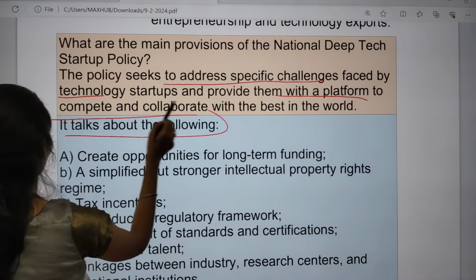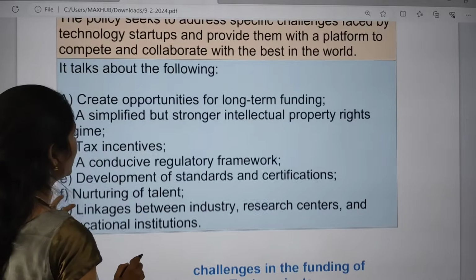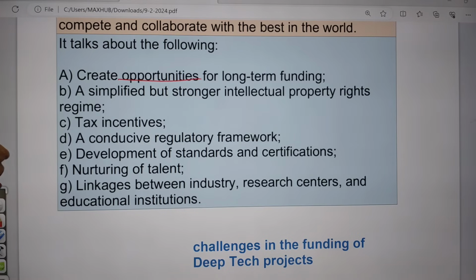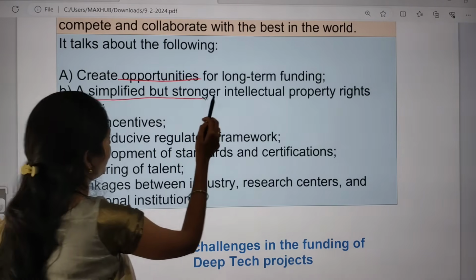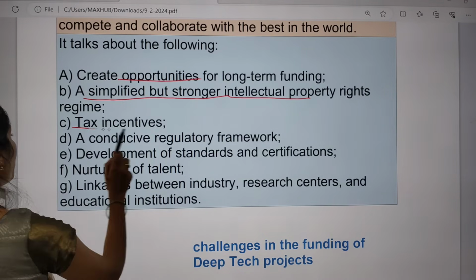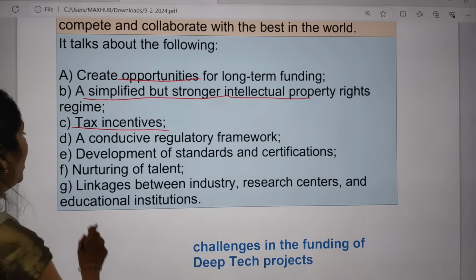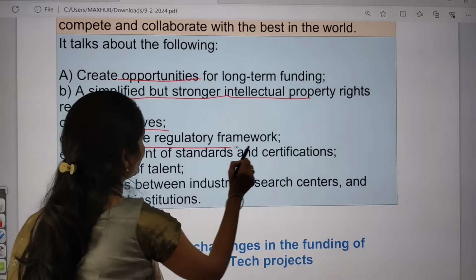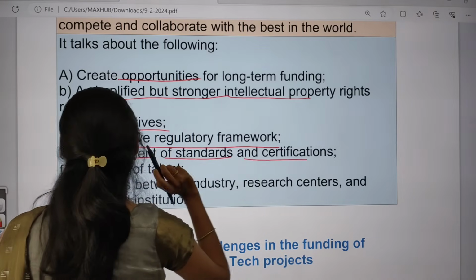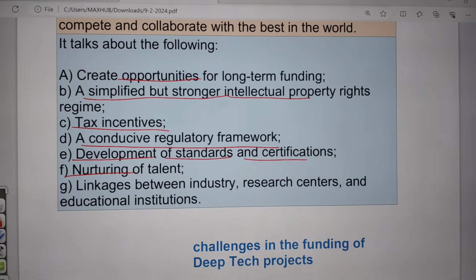It also talks about creating opportunities for long-term funding. Next, we have to simplify but strengthen intellectual property rights, and focus on tax incentives, a conducive regulatory framework, development of standards as well as certifications, and even nurturing of talent.